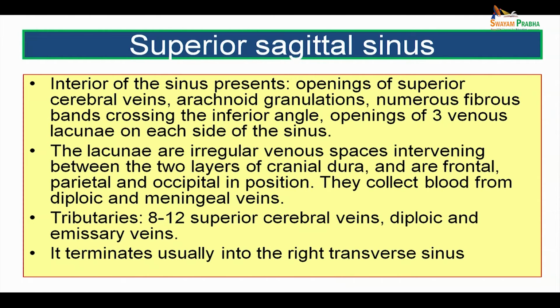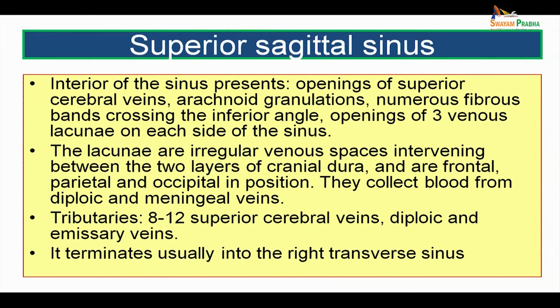The interior of this sinus presents openings of the superior cerebral veins, subarachnoid granulations, numerous fibrous bands which are seen crossing the inferior angle of the sinus, and it also shows openings of 3 venous lacunae on each side of the sinus.